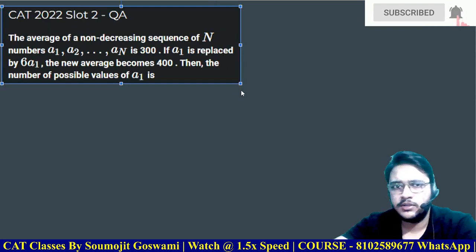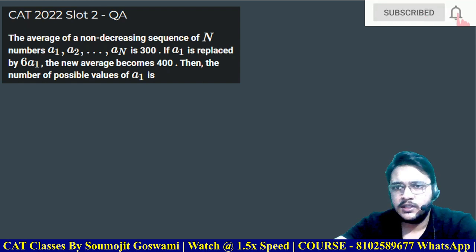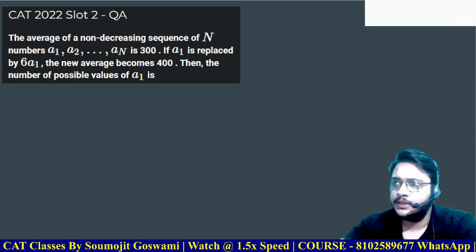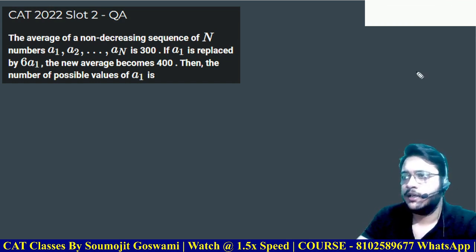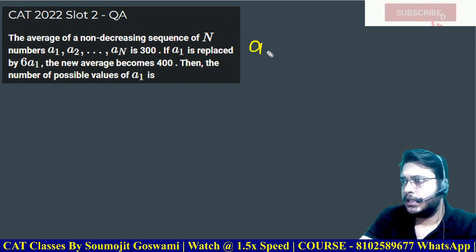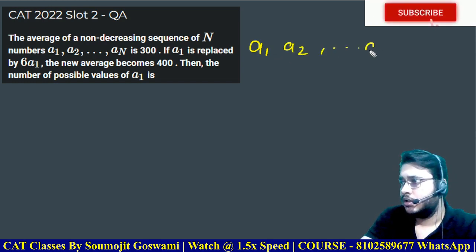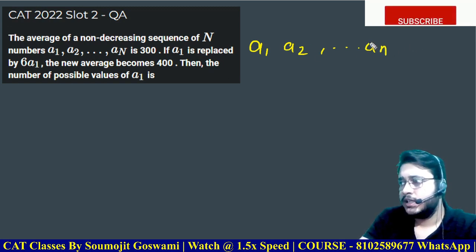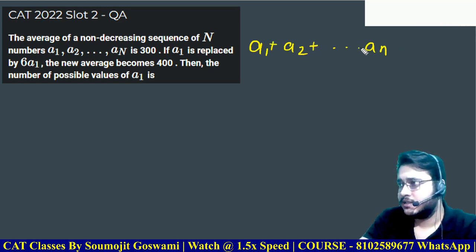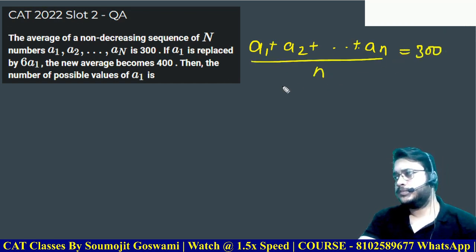I'll just reduce the palette a little bit just so that I have some space to work. The question is an interesting one. It says the average of a non-decreasing sequence of n numbers, a1, a2 all the way till an, and this average, a1 plus a2 and so on, is equal to 300.